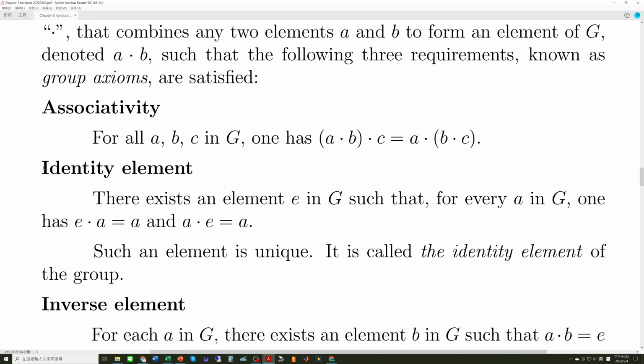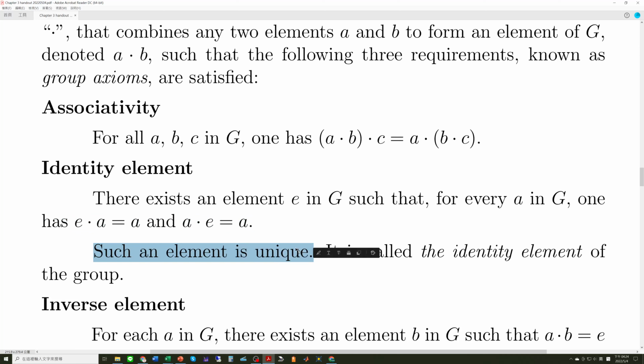Okay, the second is identity element. There exists an element E in G such that for every A in G, one has E dot A is equal to A and A dot E is equal to A. Such an element is unique.